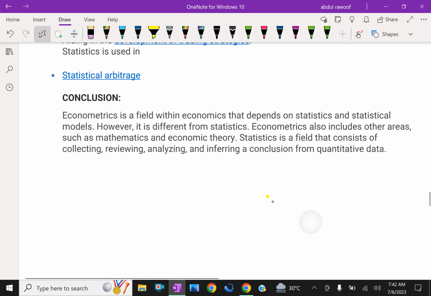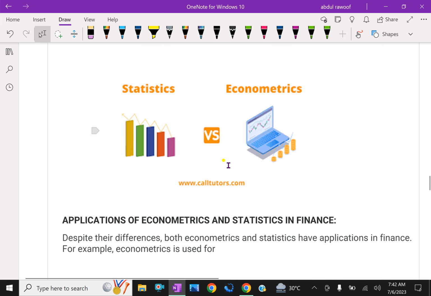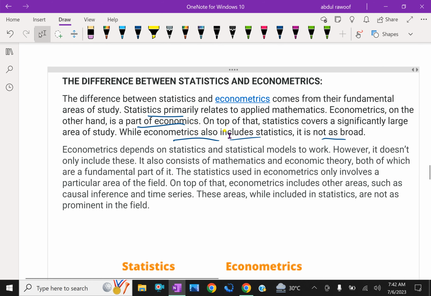Statistics is a field that consists of collecting, reviewing, analyzing and inferring conclusions from quantitative data. So far we discussed what economics is, whether it is a science or an art, what econometrics is, and as well whether statistics is an art or a science. Somewhat interesting detail we discussed.